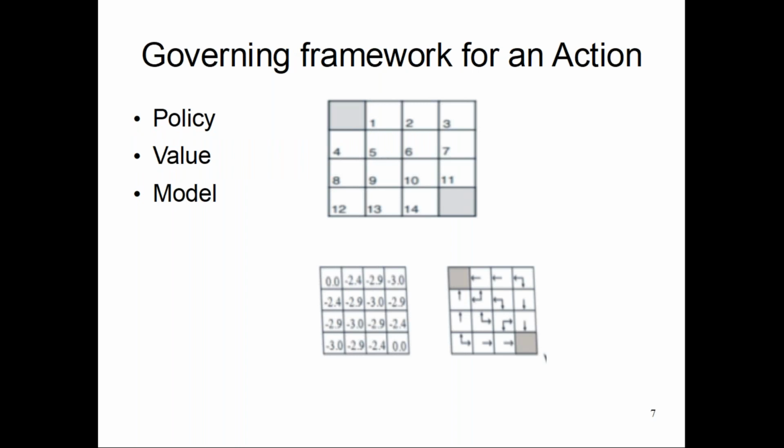Now, an agent is in state 5. As per policy, it has to follow 5, 6, 7, 11, and it is able to reach the goal.